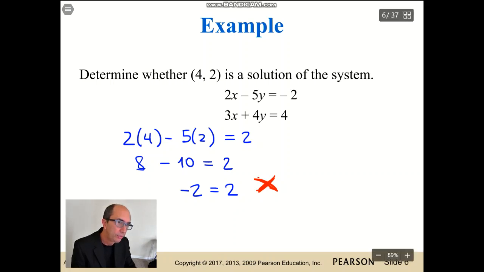If it's not a solution of the first, it's not a solution of the system at all. Let's just have a look at the next one. Check the next one.